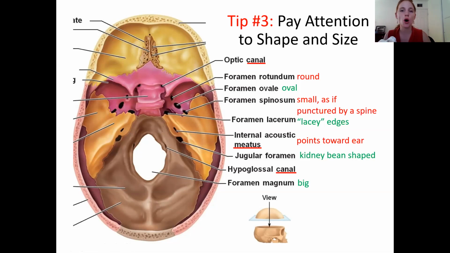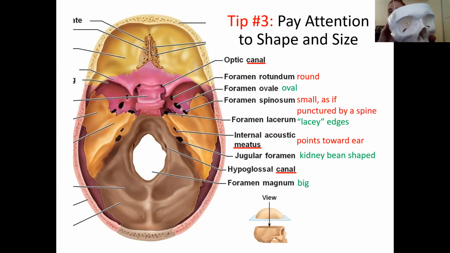Why do you think it's called the optic canal? Optic canal. Okay? So it starts here. Where does it come out? Where's the other end of that? It's going to be inside. So when you look through the eye hole, through the orbit, there are three holes in there.